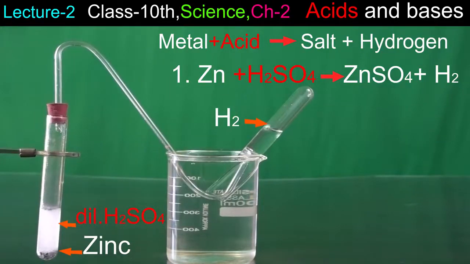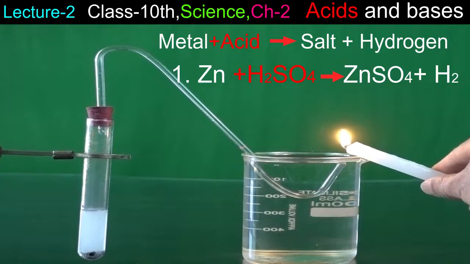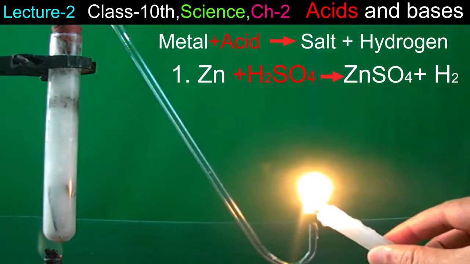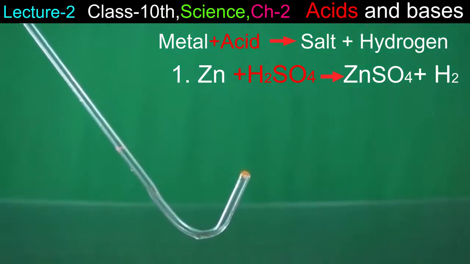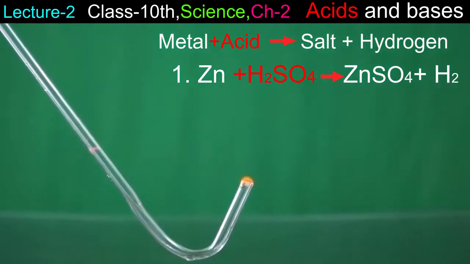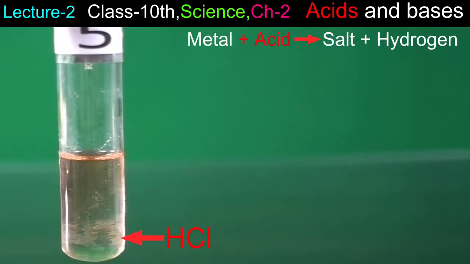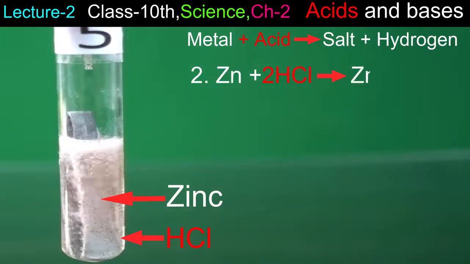Here you can see the gas bubbles coming out, and on bringing candle near to it, these bubbles burn with pop sound. This glass tube, you can see here that it burns. Next I take dilute HCl instead of H2SO4 and put zinc into it.